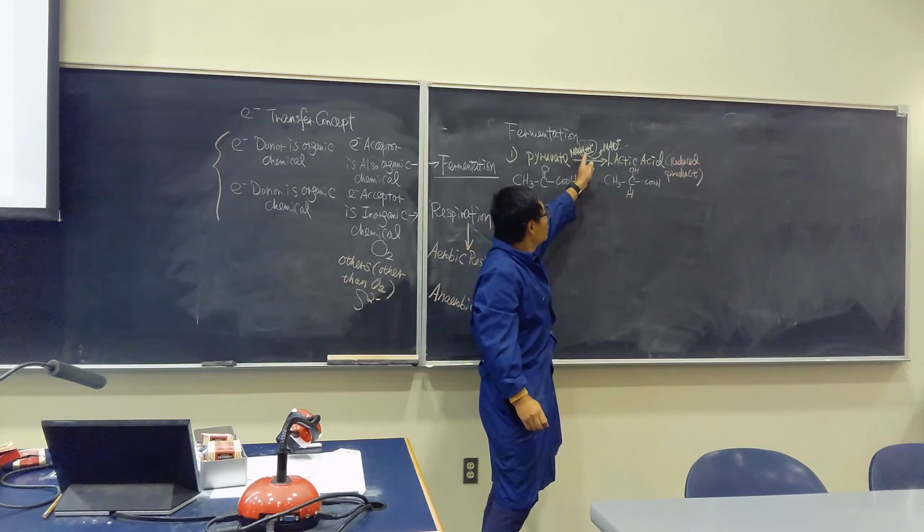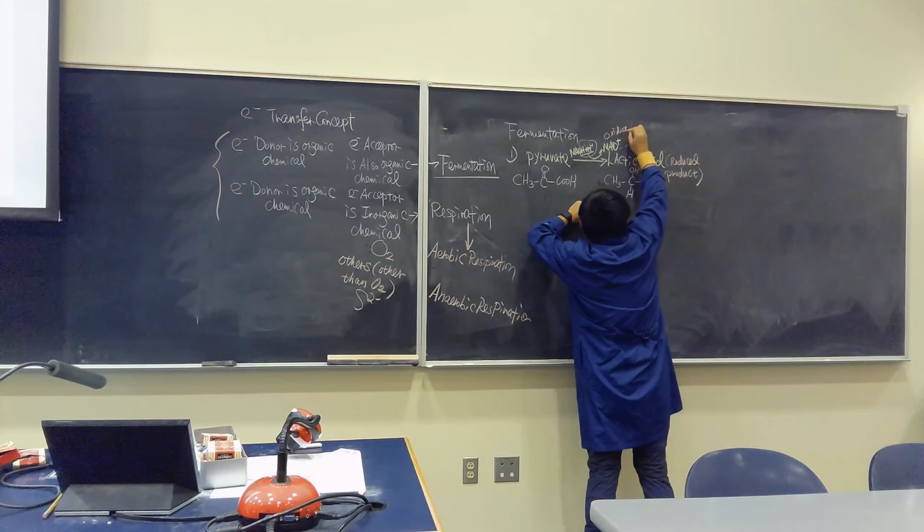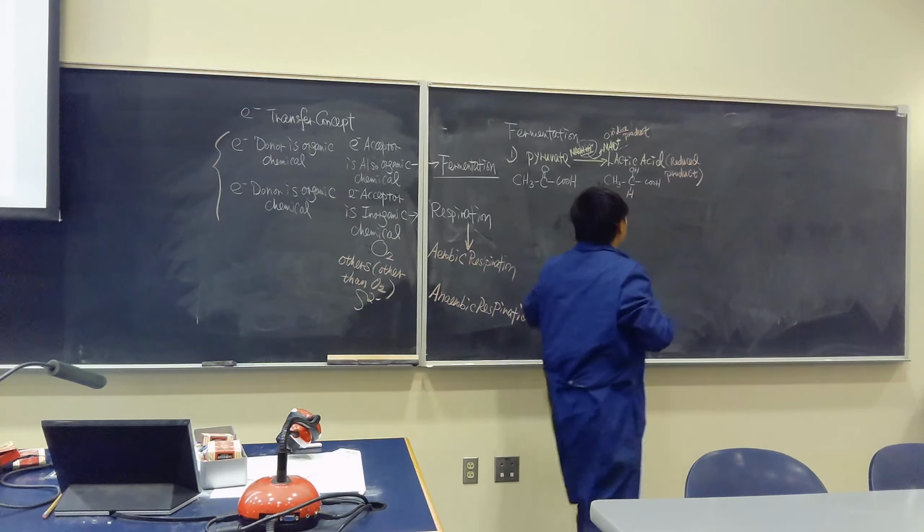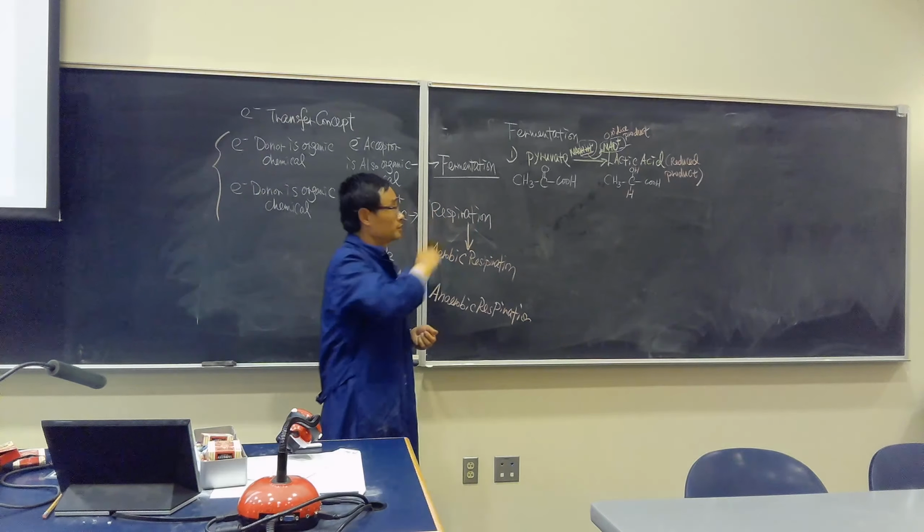How about NADH2 become NAD? This is an oxidized product. But I tell you one thing here. This guy is important. Because they have those empty spaces, you could be ready for another two protons to go in.